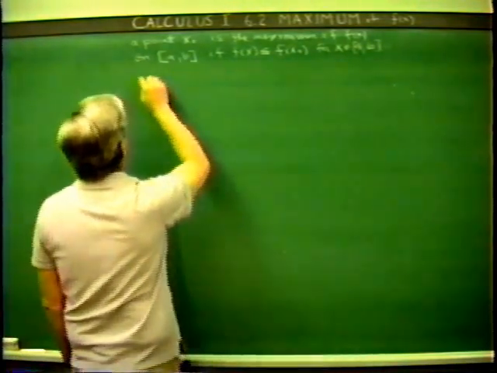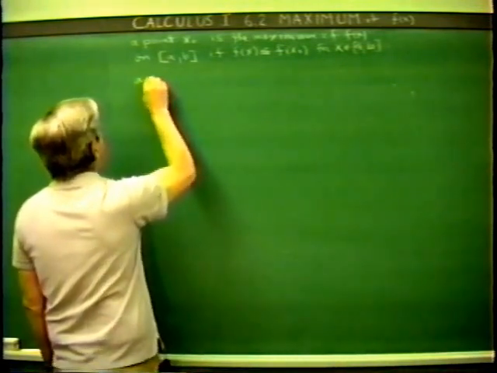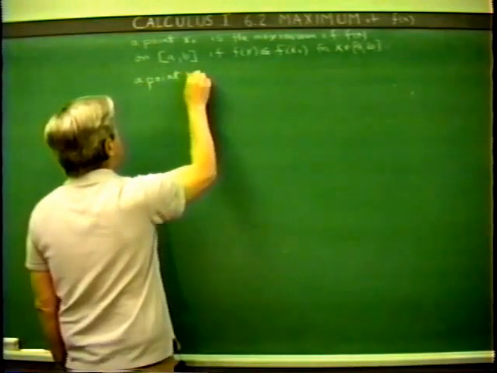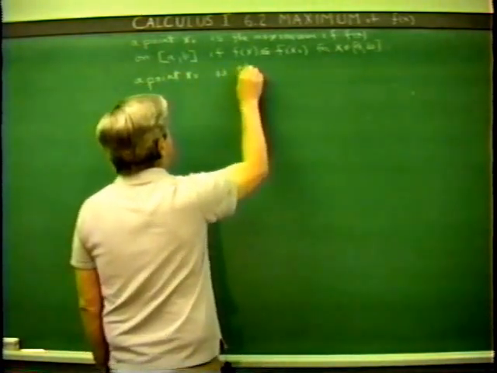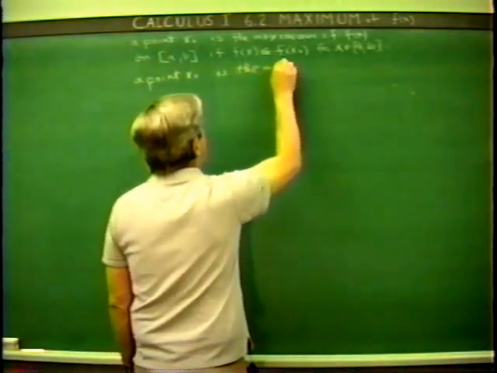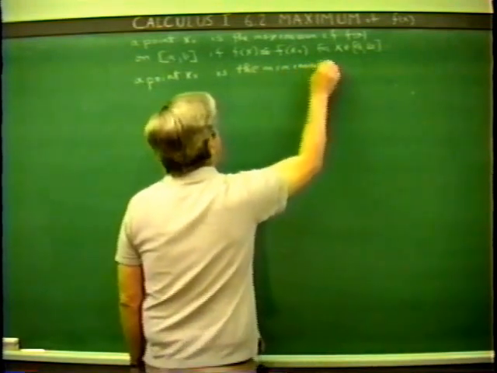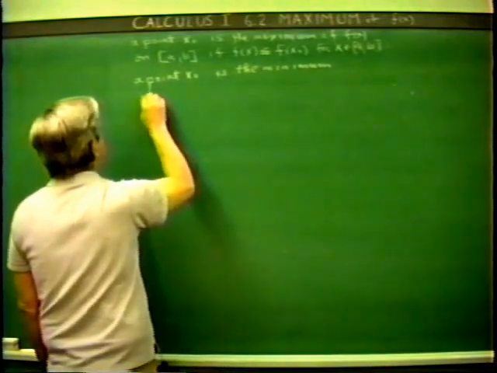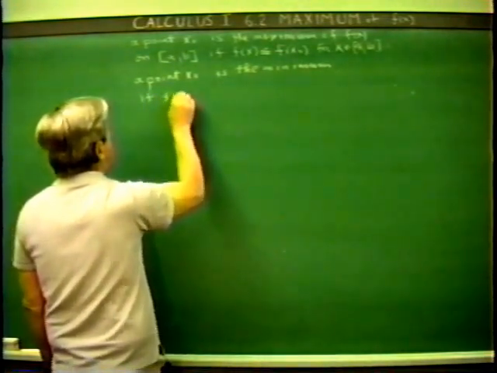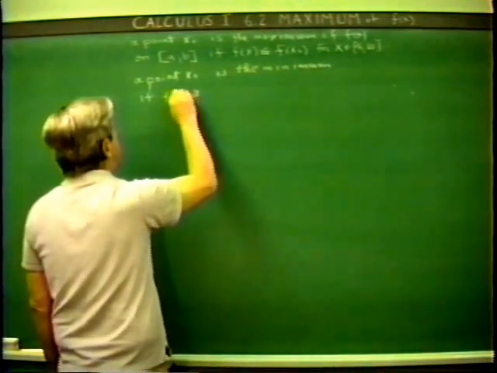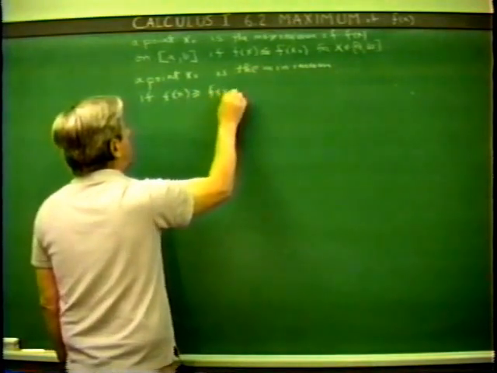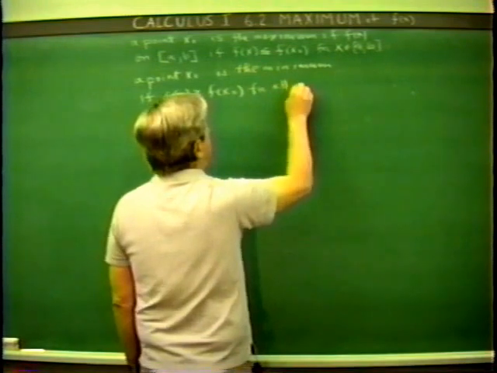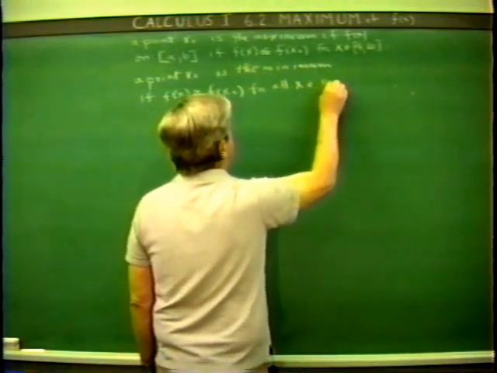A similar definition holds for the minimum. Right? A point x naught is the minimum if f of x is greater than or equal to f at x naught for all x in AB.